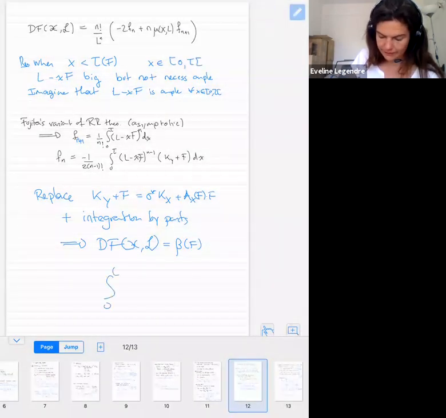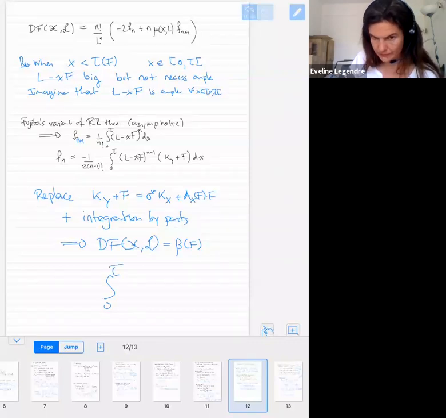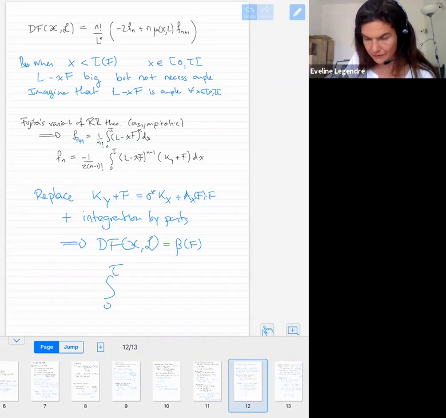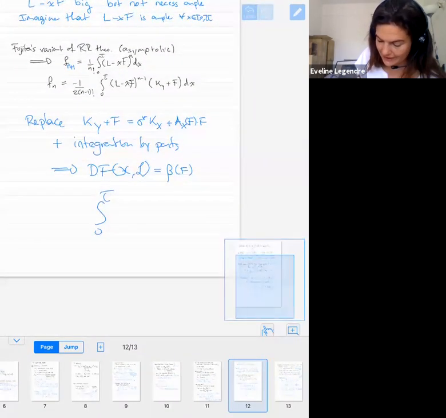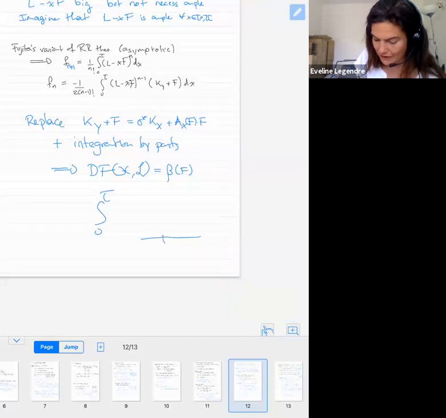If you only know this function from tau minus epsilon to tau, where epsilon is small enough, can you still decide stability with respect to that valuation or not? That's interesting. I never thought about that, so I cannot answer you.